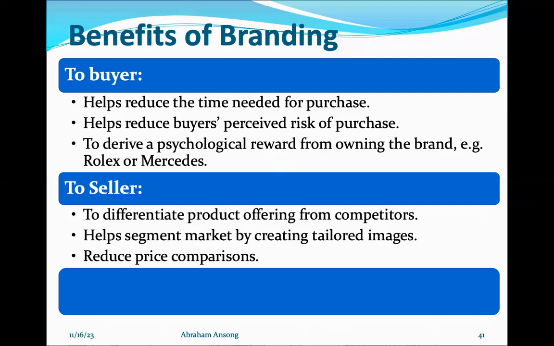It helps reduce buyer-specific risks of purchase. Okay, so that's the other point. You have expectations. So you expect that if you buy this type of brand, you expect this level of quality. All right, so the most common example, I think most of you will agree with, will be, say, when it comes to the mobile phone industry, iPhone is dominating with regards to quality, right?